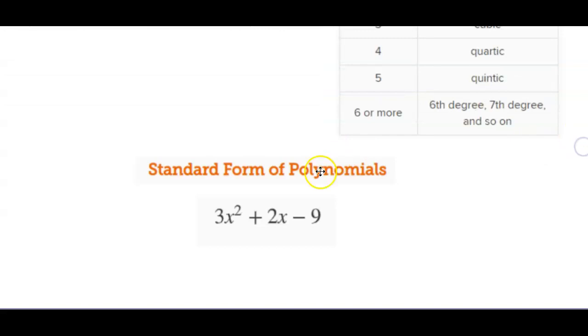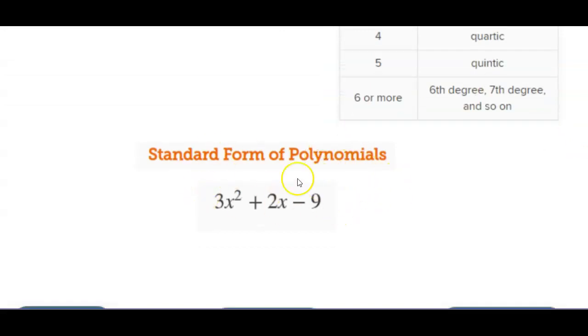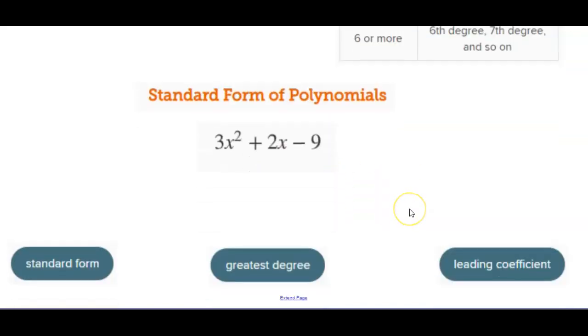So let's just talk about this. Standard form is written with the exponents decreasing from left to right. So x squared would be written first, then x, and then the constant. Okay, so standard form, yes, this is in standard form, the greatest degree. So if you wanted to say what degree this would be, 2, and the leading coefficient would be 3.